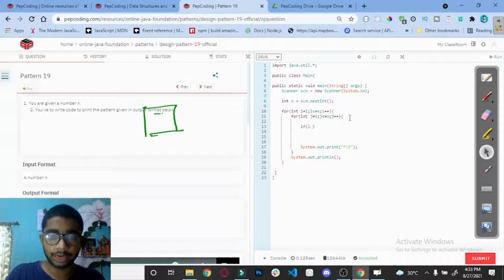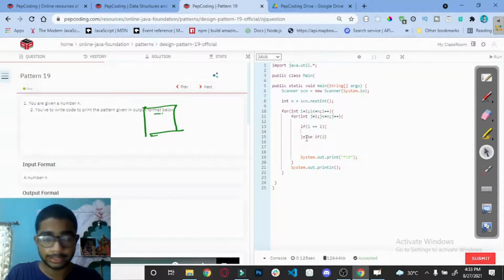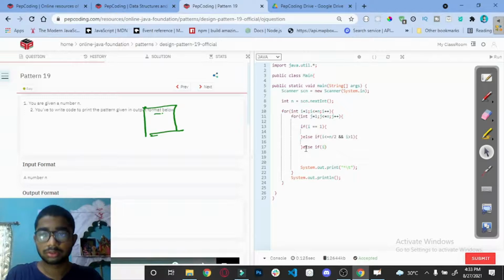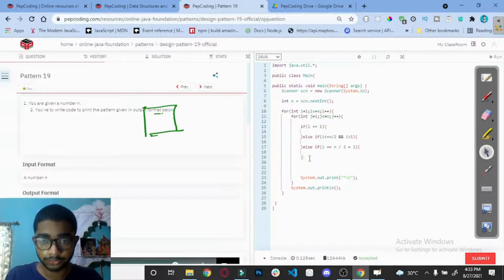That means if i is equal to 1, then we do something, else if i is less than or equal to n divided by 2 and i is also greater than or equal to 1, then what we will do, then come to the next part, else if i is equal to n divided by 2 plus 1, then what we will do, see it in a few minutes.